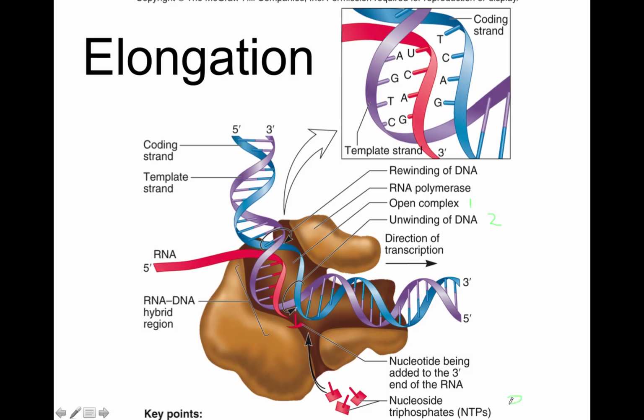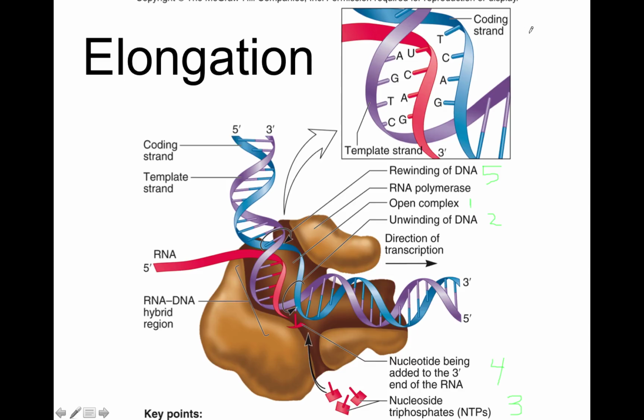Nucleoside triphosphates enter in through this pore, and you start to add nucleotides in a similar type of reaction as the DNA polymerase performed when adding a nucleotide, creating new phosphodiester bonds. The DNA behind is rewound, and you keep progressing along the DNA until you reach the terminator.